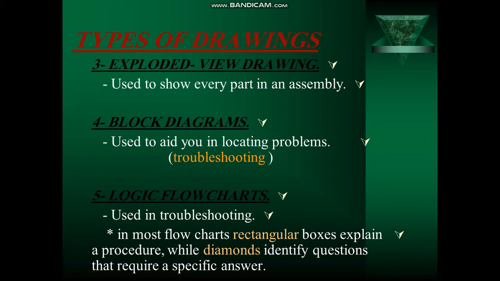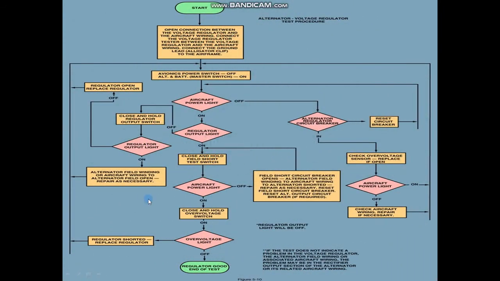You have to focus on the rectangular box, which explains a procedure, and the diamond, which makes a question that needs an answer. Here we have the logic flow chart.